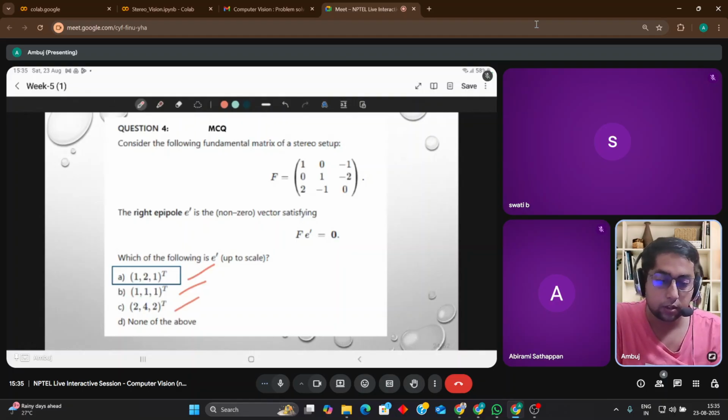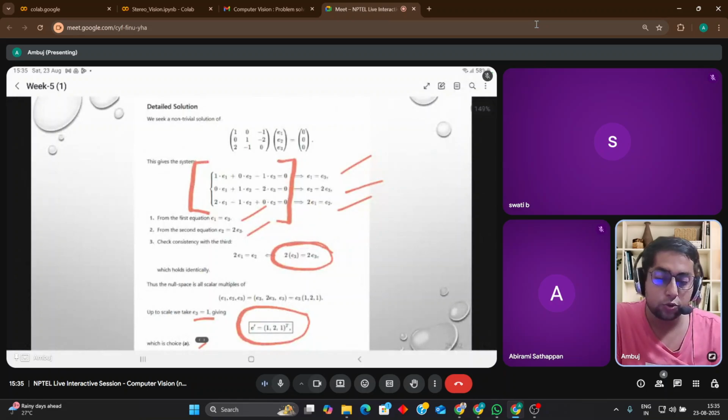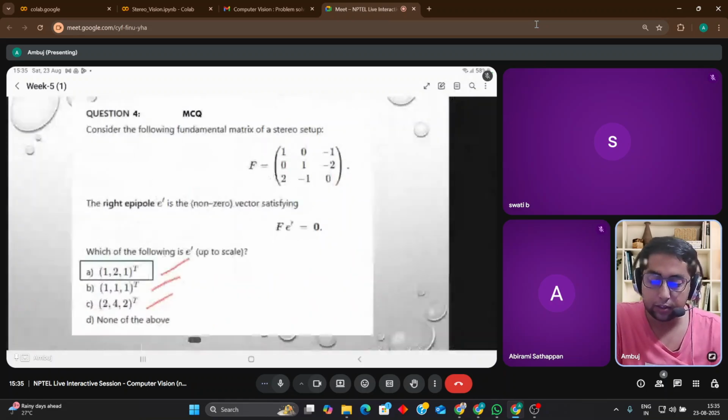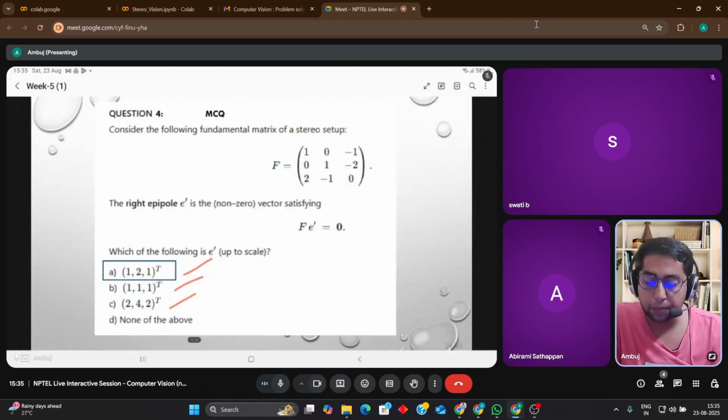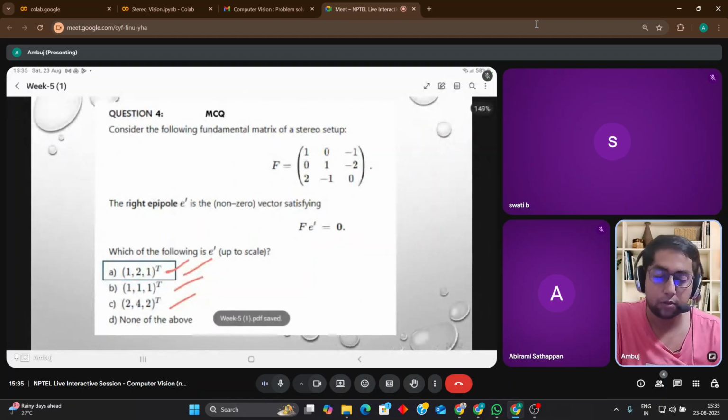Good. But the second constraint, E2 should be equal to twice of E3, you are able to hold in option number 1 only. So option number 2 will get automatically eliminated. So going through the ratios also, you would be able to solve.